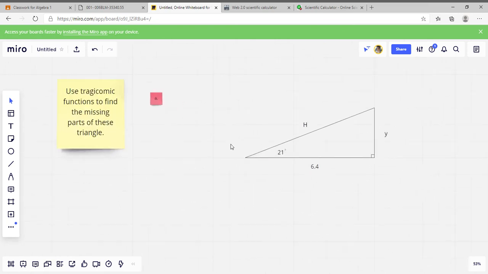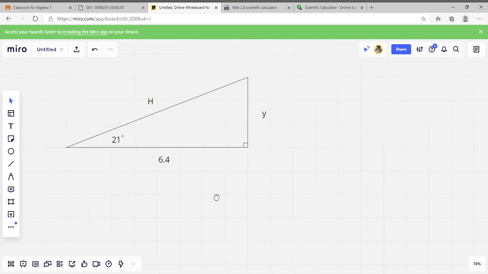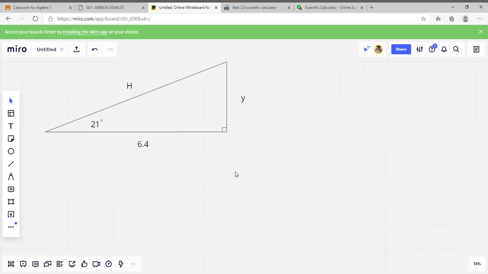All right, so this says use trigonometric functions to find the missing parts of these triangles. Here's A, and here's our triangle, and we're going to figure out what our missing parts are. So, first thing we're going to do is label some stuff here. So, here is our angle. It's 21 degrees.